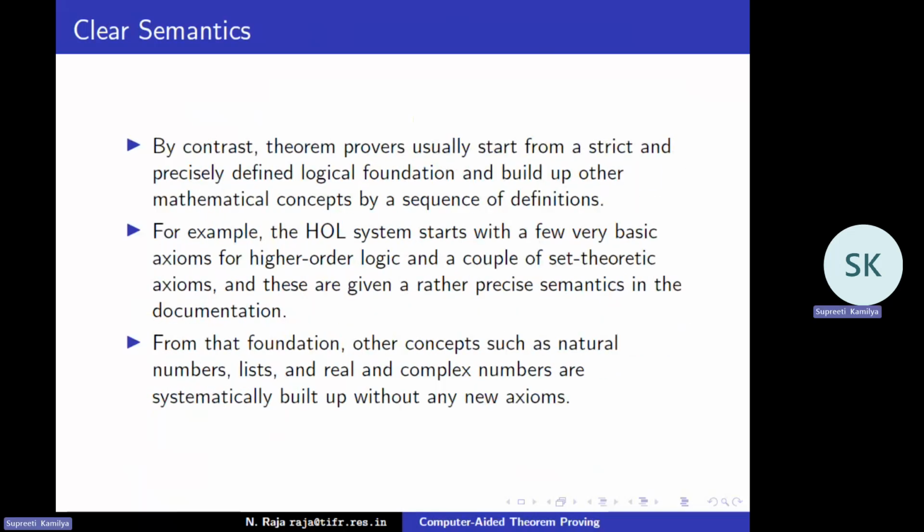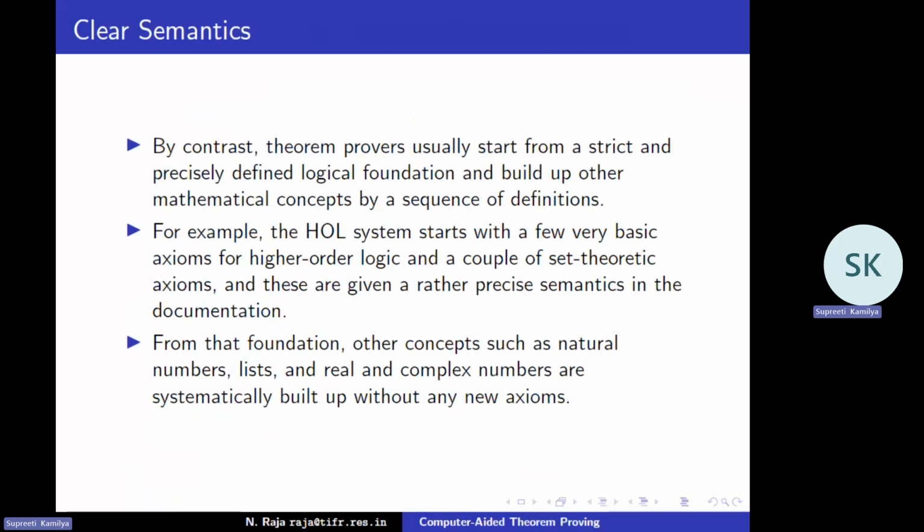In contrast, theorem provers start with a very strict and precisely defined logical foundation, and they build up all other mathematical concepts by a sequence of definitions starting from these very basic building blocks. HOL is the name of a theorem prover.